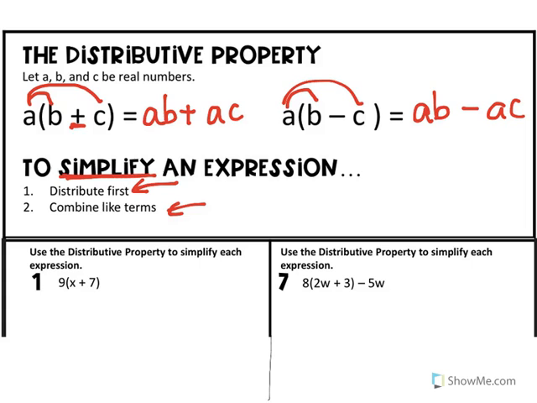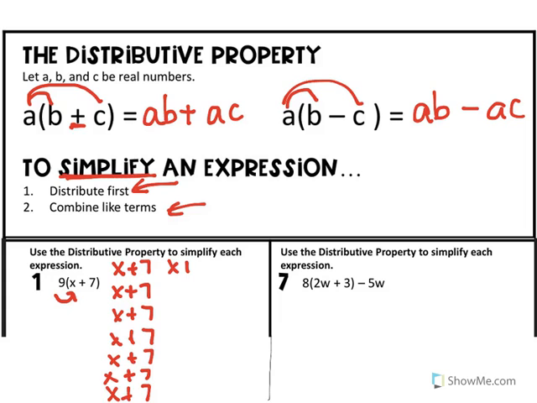So let's look at an example. Number 1. 9 groups of x plus 7. So it means I have x plus 7 9 times. But I don't really want to write this all out. 1, 2, 3, 4, 5, 6, 7, 8, 9.